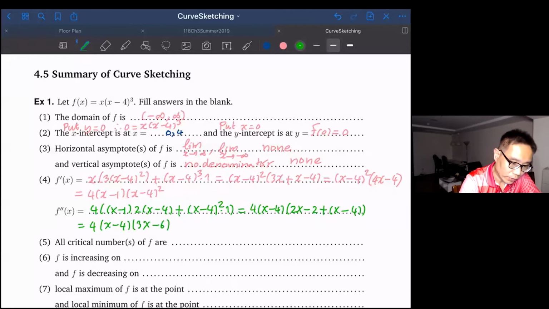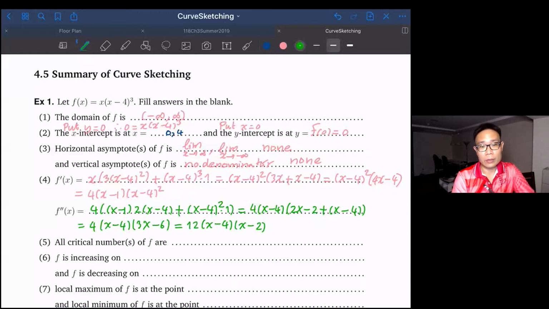So you get 12(x minus 4)(x minus 2). This is how we have the first and the second derivative.